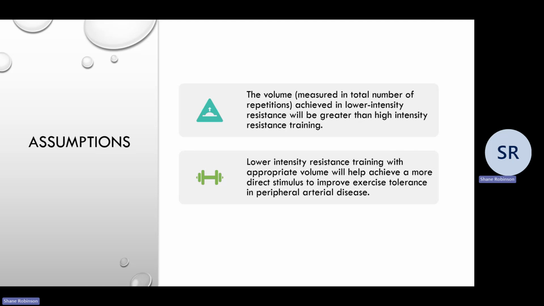So rather than giving them a set volume of 3 sets of 8, let the lighter intensity group achieve the volume it should be able to achieve, to elicit that stimulus of more of a muscular oxidative adaptation, like it needs to. My second assumption is that lower intensity resistance training with the appropriate volume will help achieve a more direct stimulus to improve exercise tolerance in peripheral arterial disease.